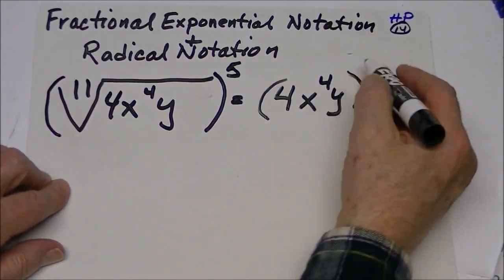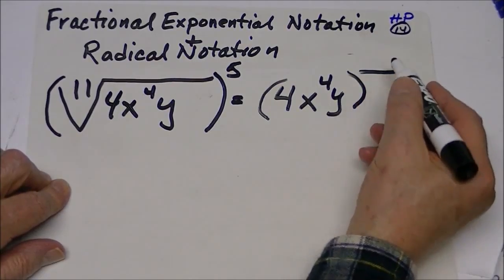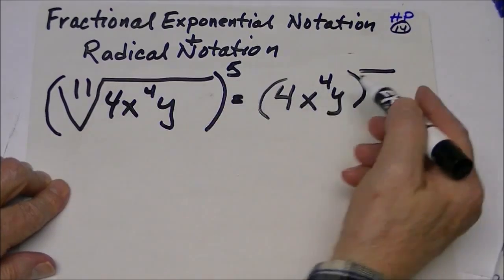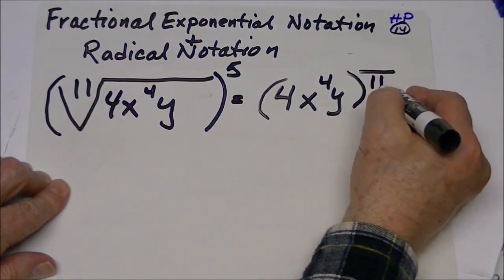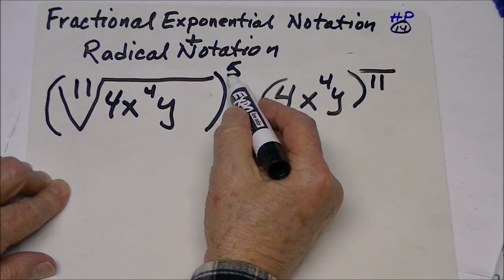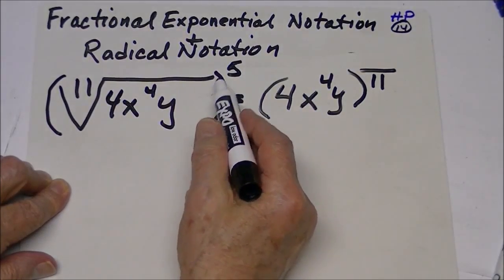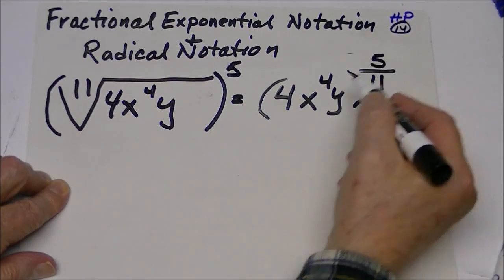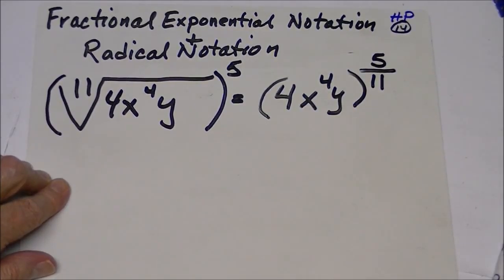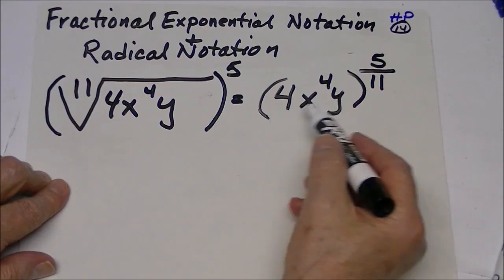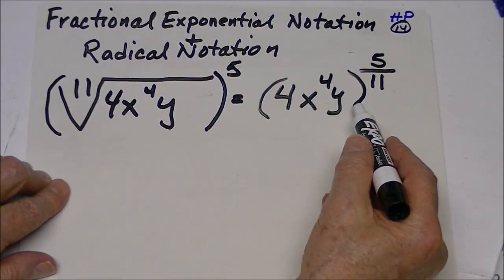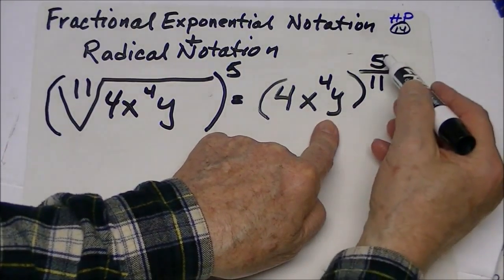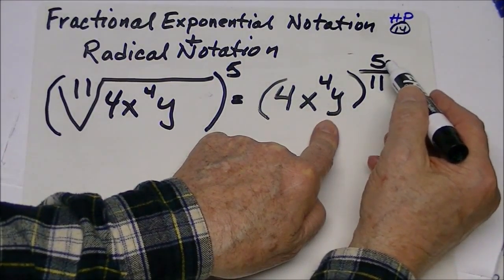And then now we're going to have a fractional exponent where the index number will be our denominator and the exponent to which this expression is raised becomes our numerator. And that is the answer. Again, the parentheses are needed. Otherwise, without the parentheses, it would only be the y that is raised to this power.